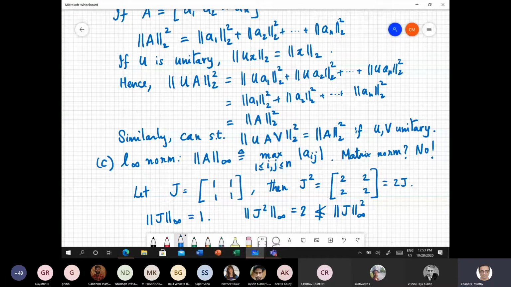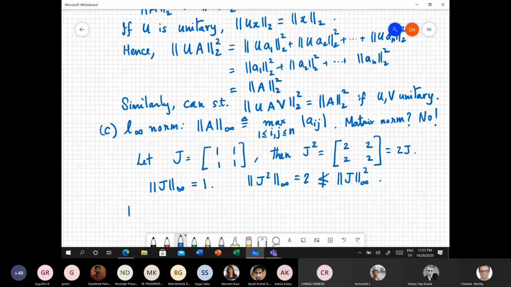If submultiplicativity were to hold, then the L infinity norm of J squared must be less than or equal to the L infinity norm of J times the L infinity norm of J, which is 1 here, not bigger than 2. And so, as written here, this is not a matrix norm.